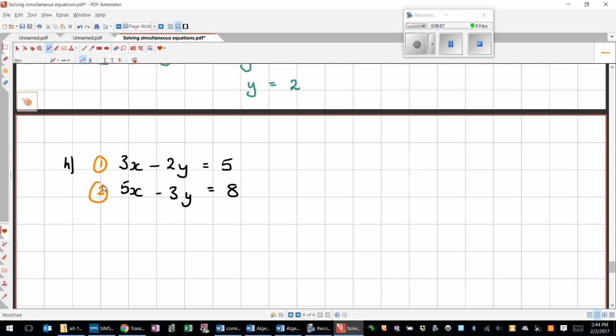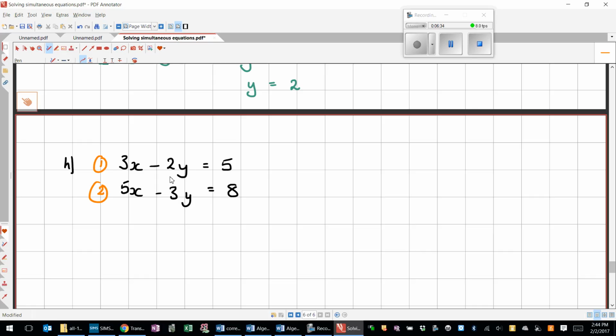So we can pick, do we want to make the x's the same or the y's the same? Doesn't matter, does it? So, should we go for y? Let's go for y, just because it's smaller numbers, maybe. So I've got to make y's the same.